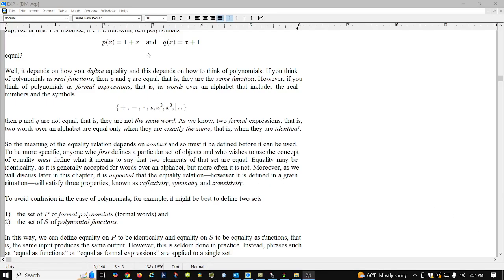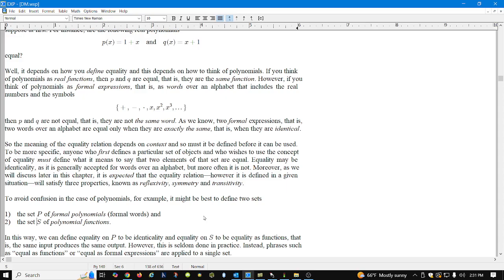One way to clarify the issue with respect to polynomials anyway would be, for example, to define two different sets. The set P of formal symbols, formal polynomials, formal words over the alphabet I mentioned before, and the set S of polynomial functions.